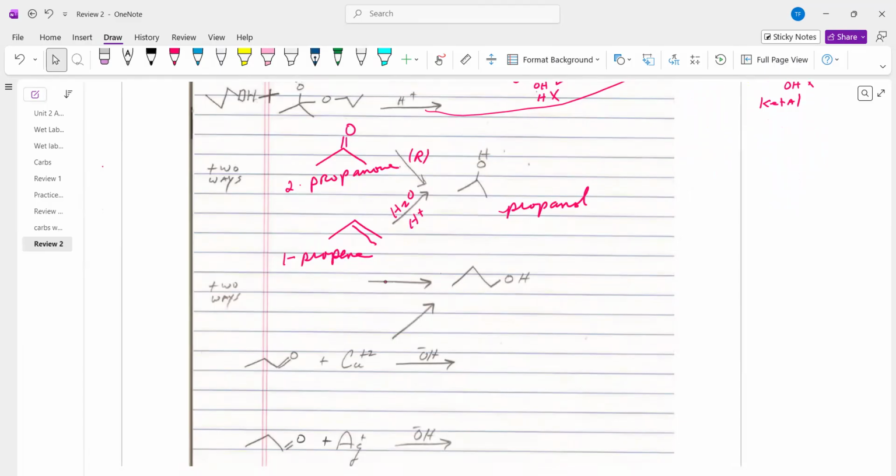So this is exactly the same reaction. I don't know why I duplicated it. Start with a ketone, an aldehyde, reduce it. Since it's a primary alcohol, you need to start with an aldehyde.